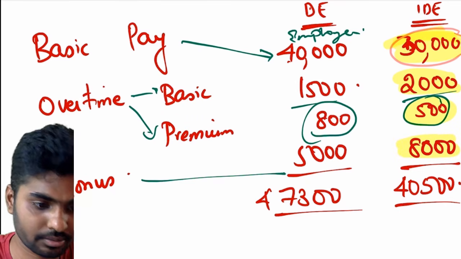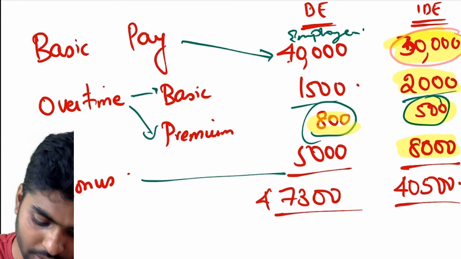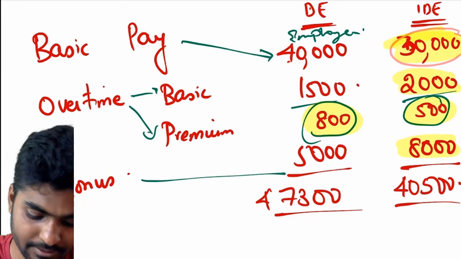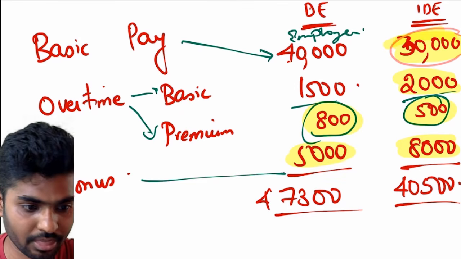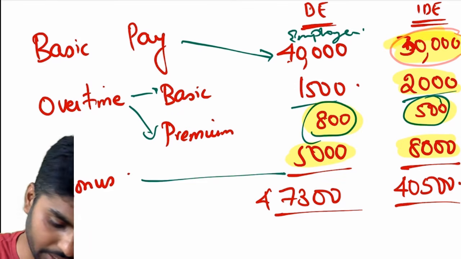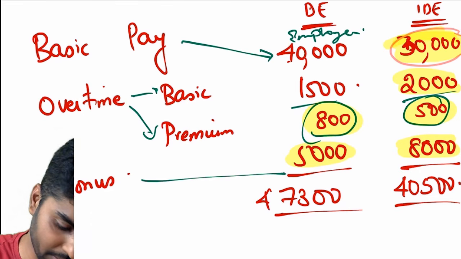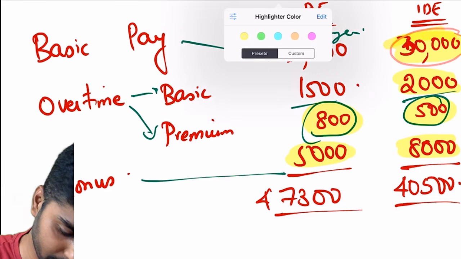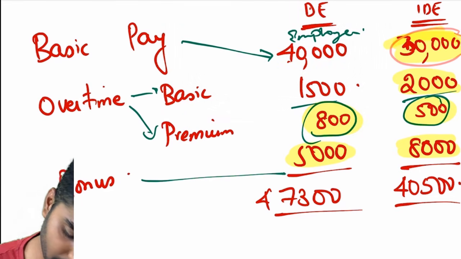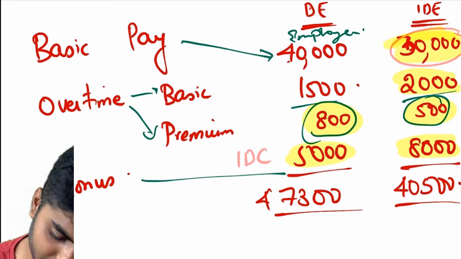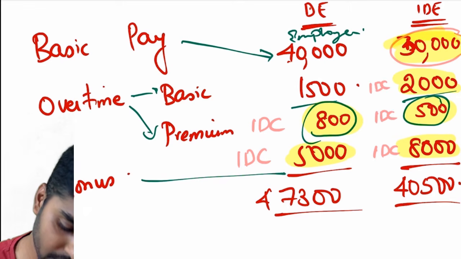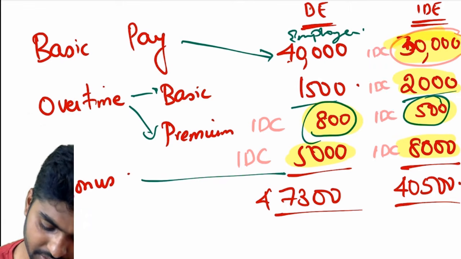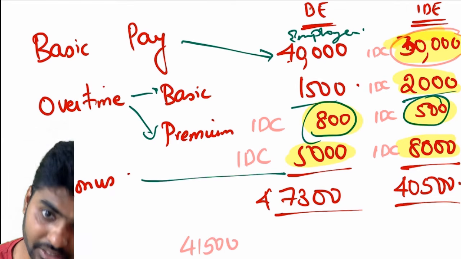Now, they have not told anything regarding this. Now, bonus, I told you, no matter what happens, this is an indirect cost. So my direct cost will be just 41,500.